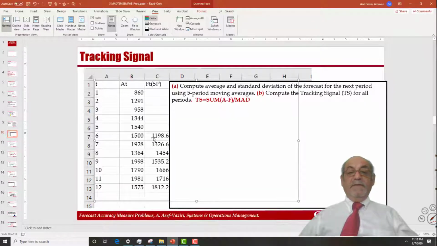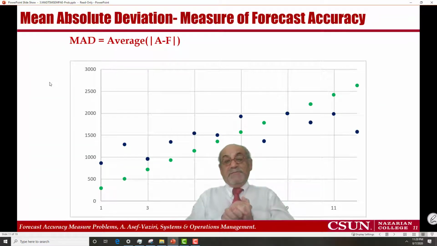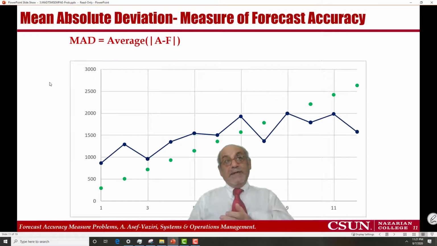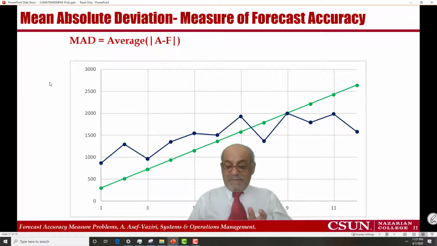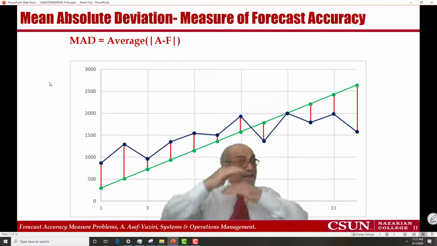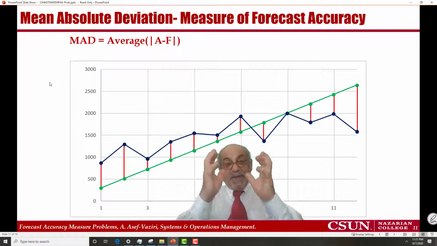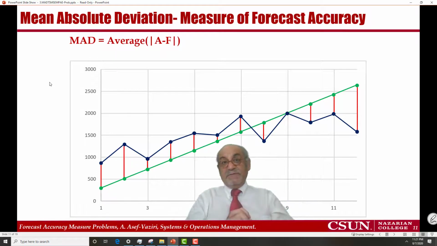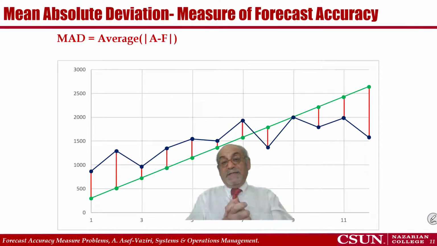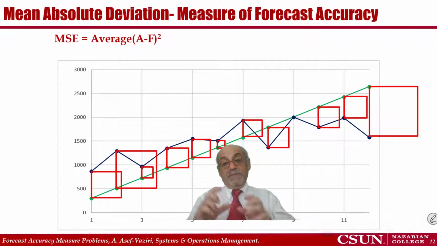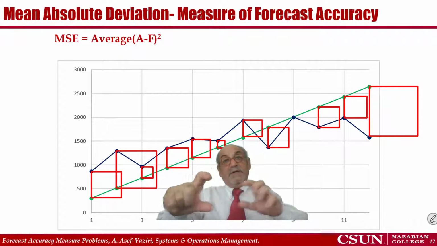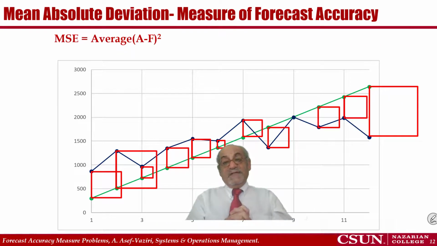Click. Everything is explained over there too. Up to now we talked about MAD. If this is our actual data and this is our forecast, MAD will find the gap between these two, take the absolute value, and average the absolutes. But another measure that we have is mean squared error, which is the square of the deviations that we have, and it tries to minimize this.